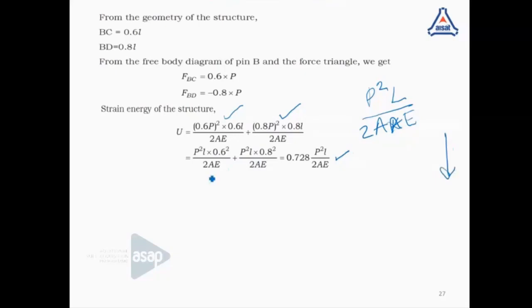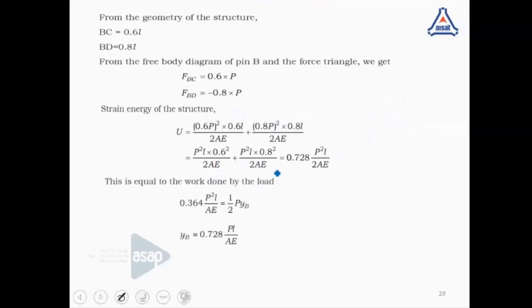This is the strain energy from the parts BC and BD, and it is equal to the work done by the load. Work done is half of P into YB, where the deflection at the point B is given as YB.